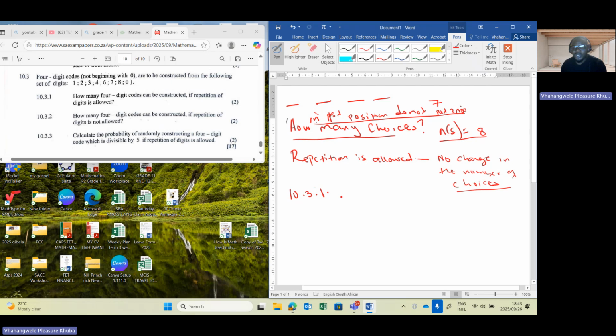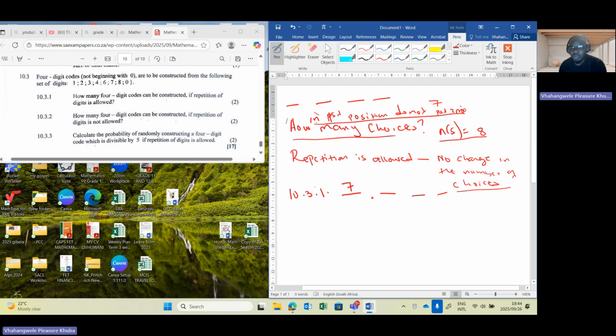We are going to have 1, 2, 3, 4. For position number 1, how many choices? We have 7 choices for that position.